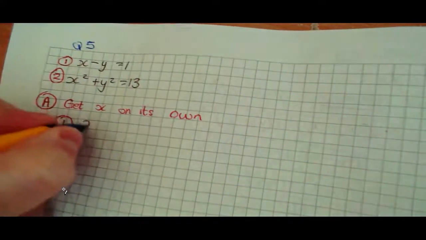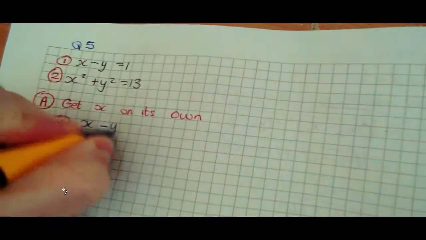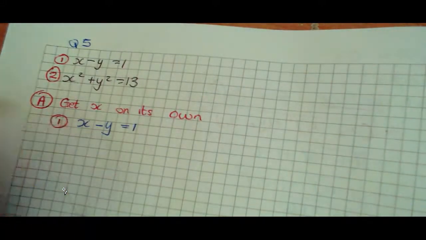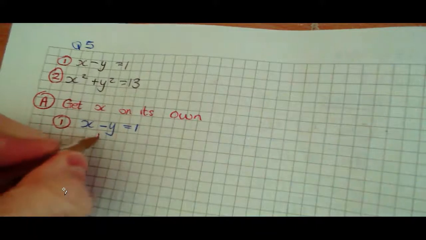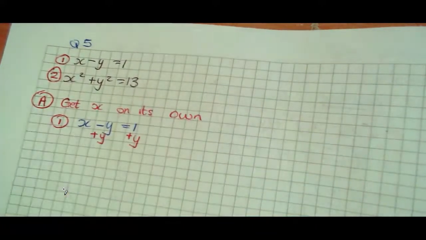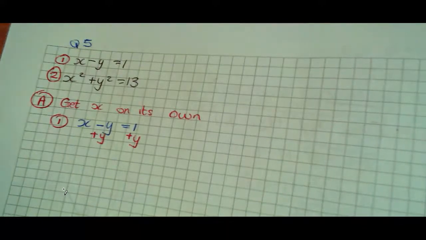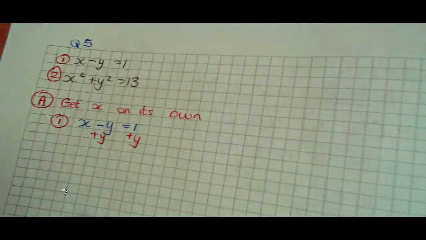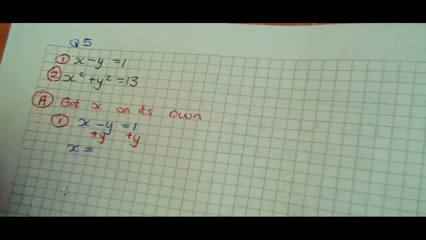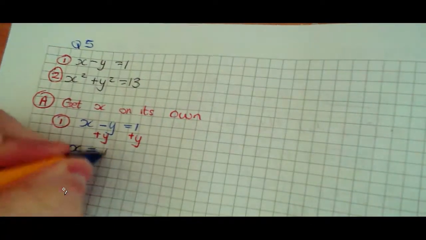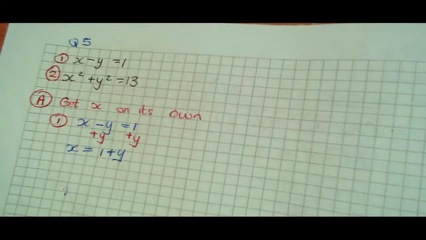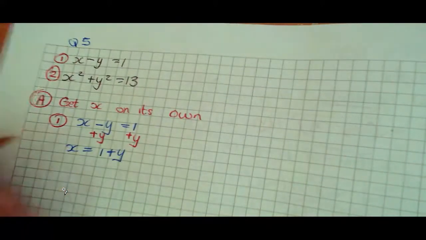Equation 1 is x minus y is equal to 1. I want x on its own, so I need to get rid of that y. I'm going to add y to both sides. So x is equal to, because plus y minus y is 0, 1 plus y, or y plus 1. I'm going to call that equation 3.